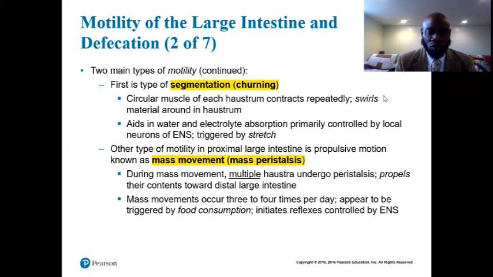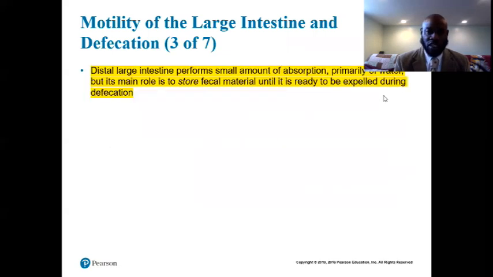All right, this happens 3 to 4 times per day, triggered by your food consumption. It initiates reflexes controlled by your nervous system, your ENS.